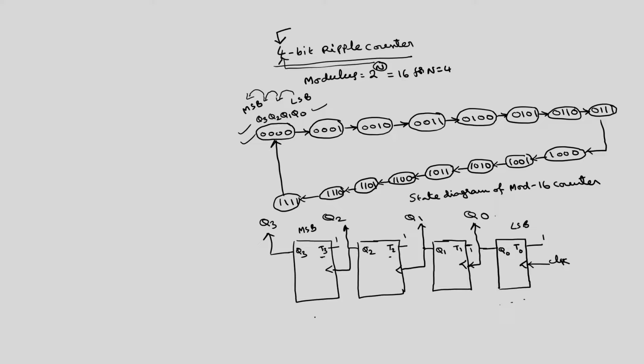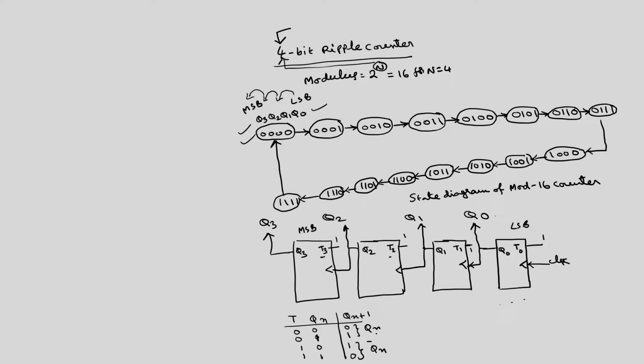We know that for the T flip flop the truth table is T, Qn, Qn plus 1. If T is 0, whatever the previous state was will be retained, so it becomes Qn only. If T is 1, if the previous state is 0, the present state becomes 1, and if the previous state is 1, the present state becomes 0.